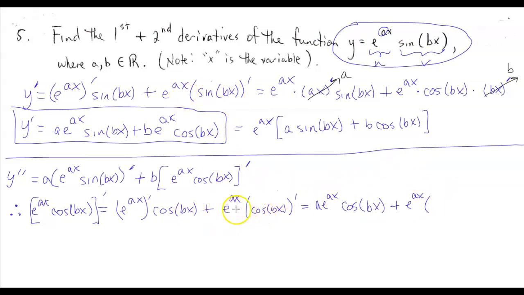So derivative of cosine of bx, we know that the derivative of cosine of blah is going to be minus sine of blah times derivative of the inside function.